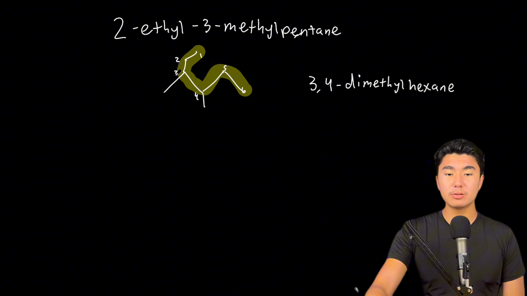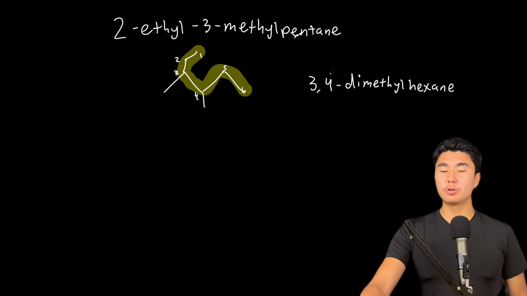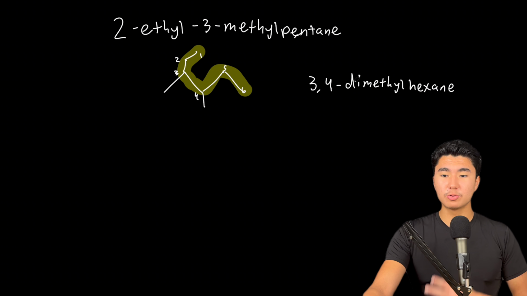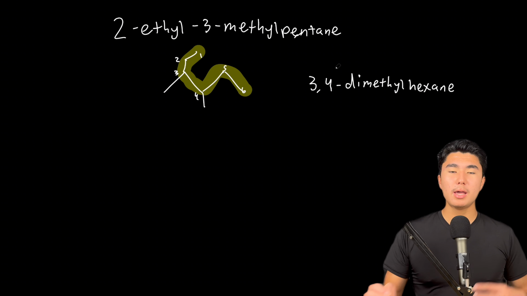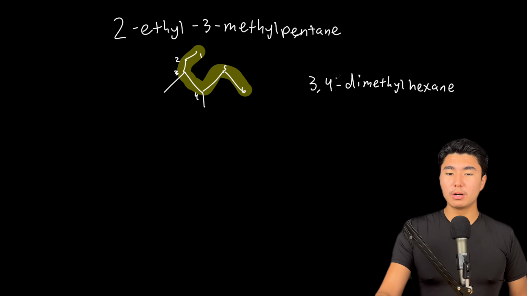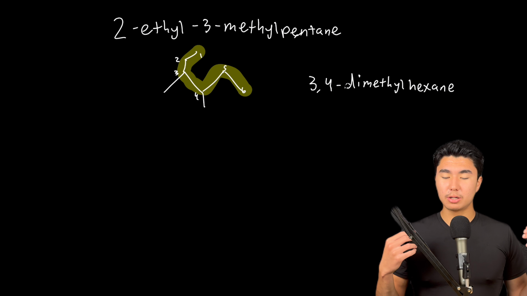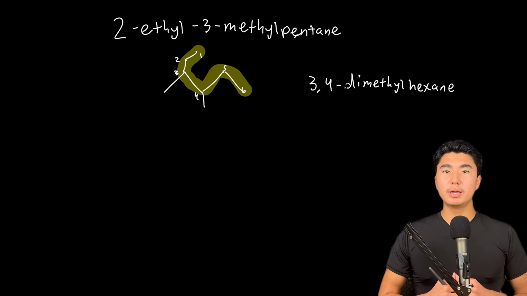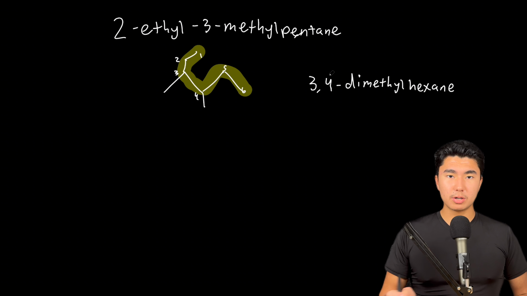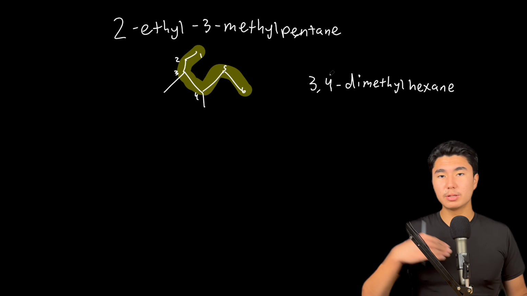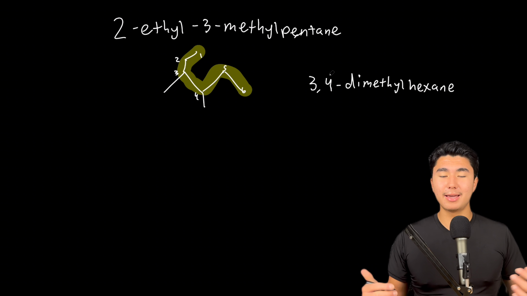And when we descend down, we have 2 methyl groups, one in the third carbon, fourth carbon. So to constitute those 2 methyl groups, we have this di word over here, and then 3, 4. So when you're writing out your nomenclature, you're writing out your naming, you really want to make sure that when you write those numbers, it comes from the lowest number to the highest number, sort of like counting to 10.